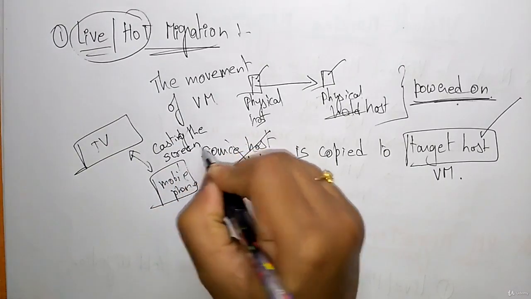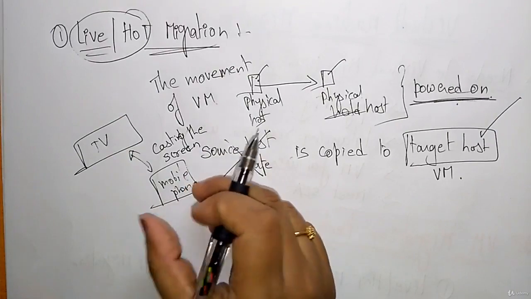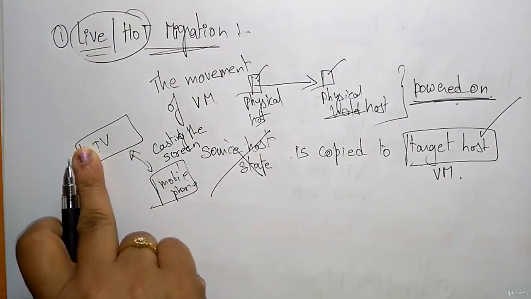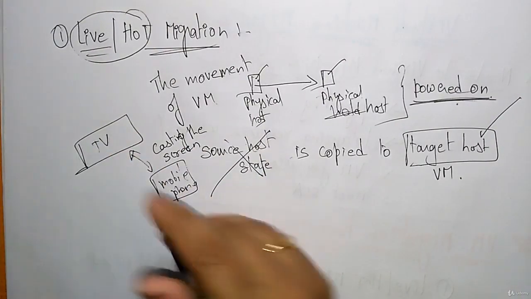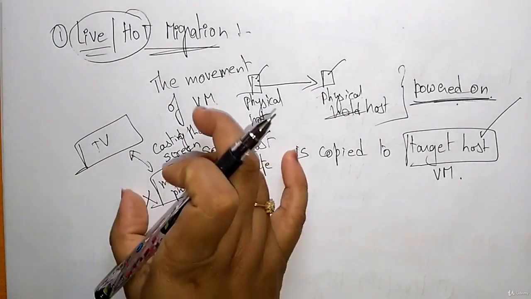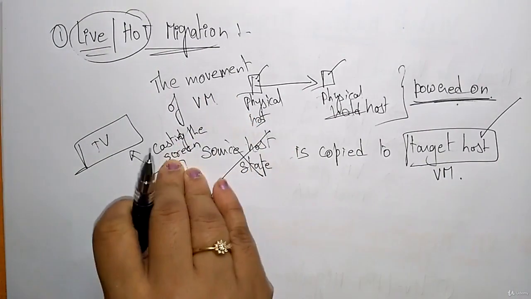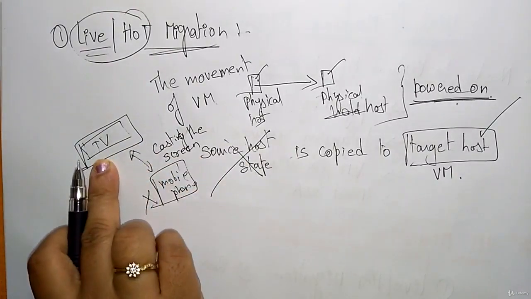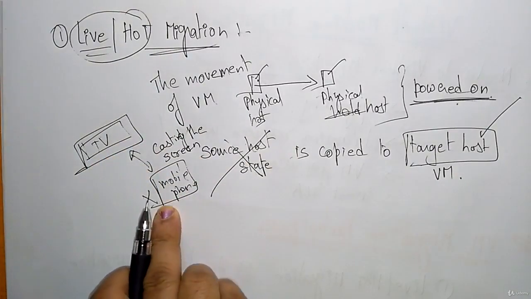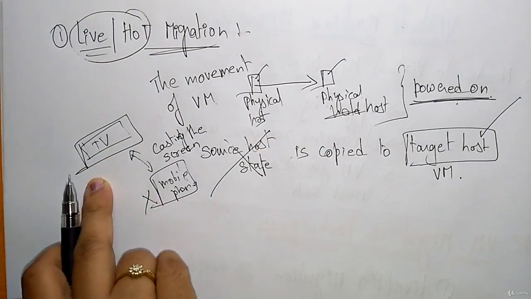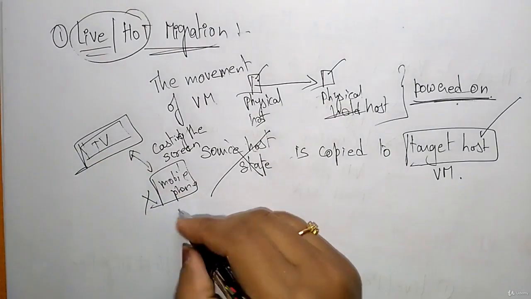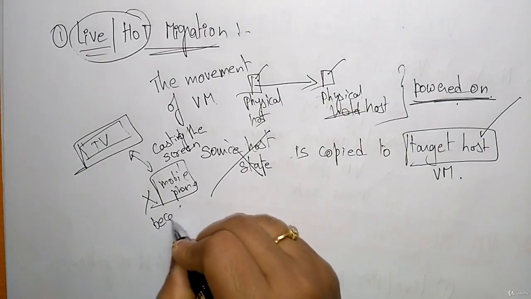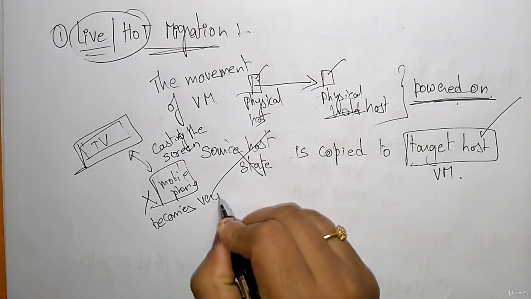Whenever you cast the screen, the mobile is suspended, meaning it goes into the background, and everything is shown on the TV. So the TV is now the target host, and the mobile is suspended while everything is seen on the TV. While doing this, the mobile phone becomes very hot.